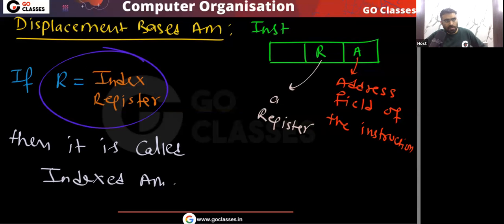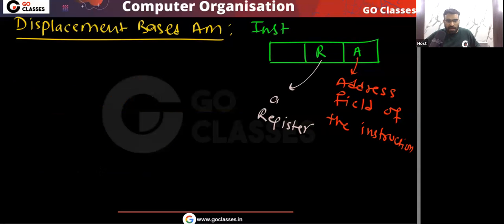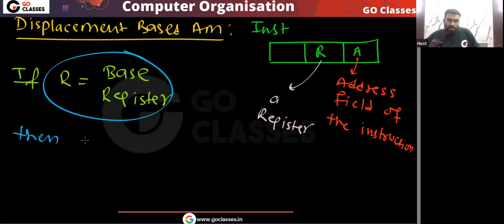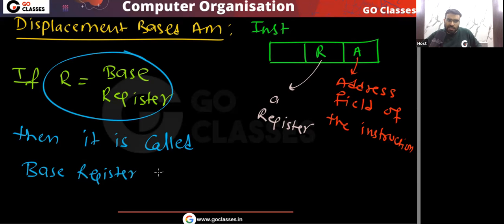Is this clear? And if this R is base register, there is a base register in your computer, then it is called base register addressing mode. Is this clear?